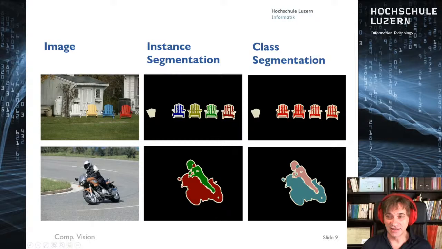If you're only interested in chairs, that would be the pixels that belong to the class chairs. They would all have the same label here. While if you want to know the pixels that make up individual chairs, you would have different labels for the pixels of each chair, because you recognize four different chairs here.